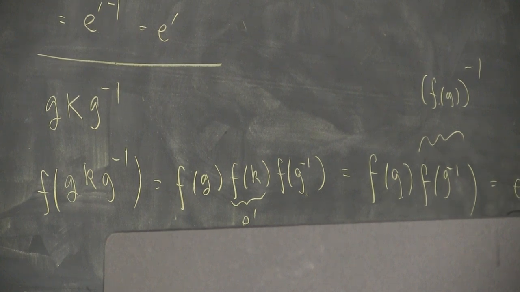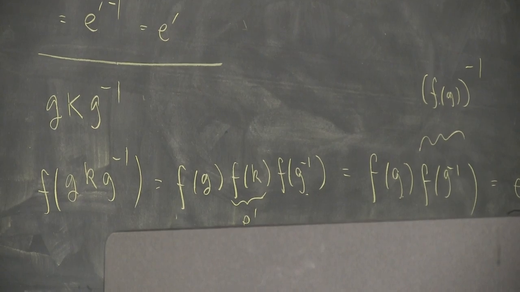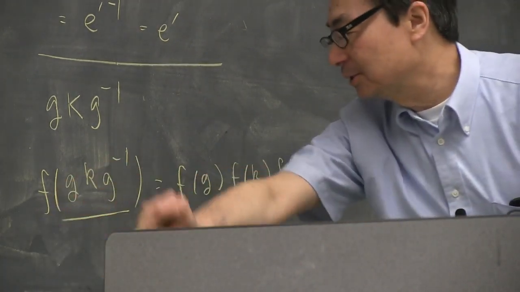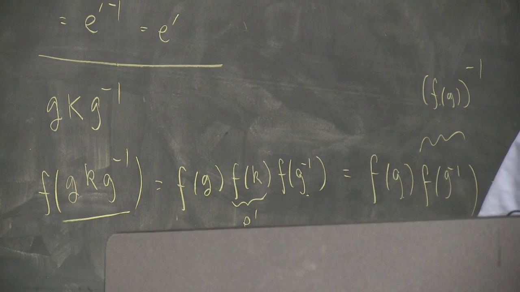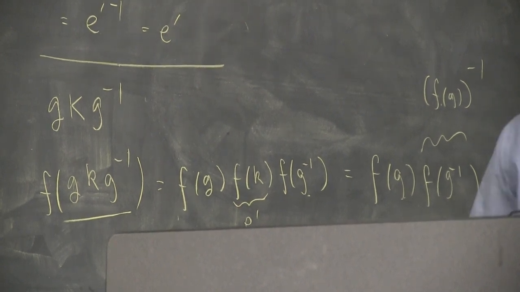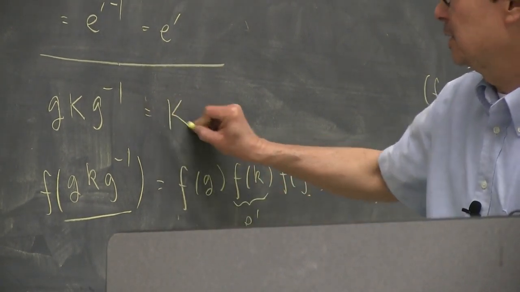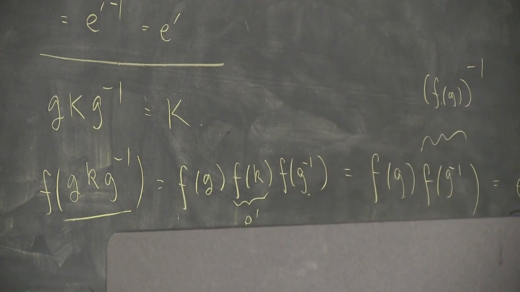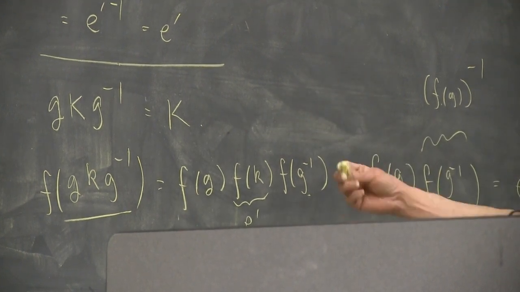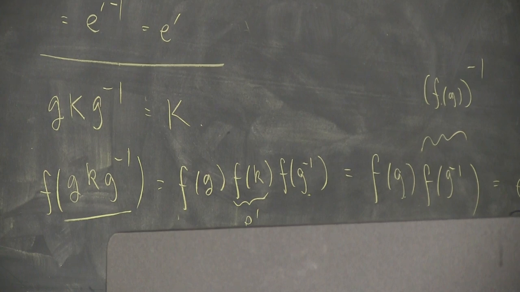And so this says that g k g inverse must be in the kernel also. In other words, this is equal to K. So we have proved the normal property, because gK is equal to Kg.